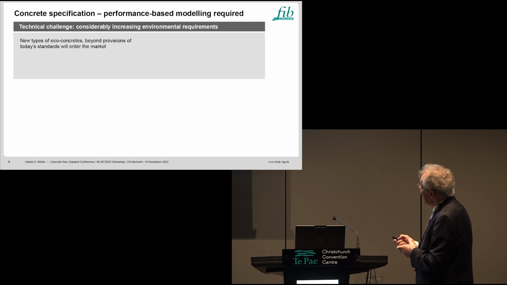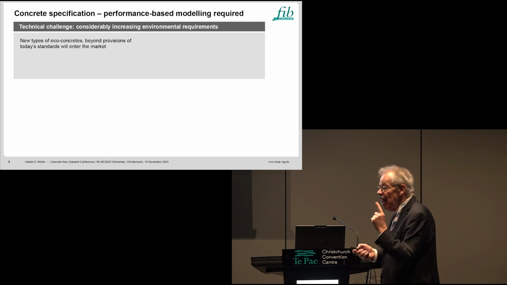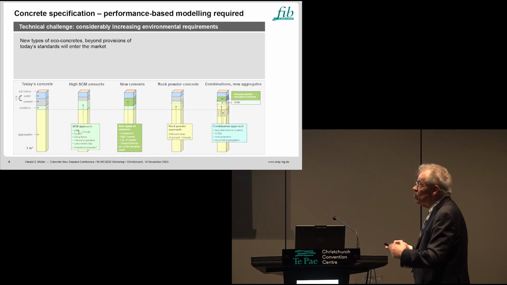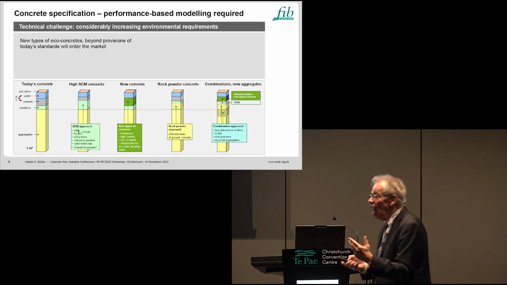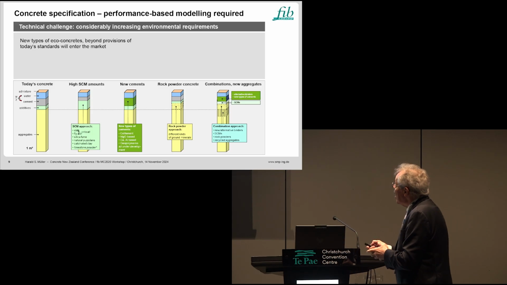We have the big challenge that we have considerably increasing environmental requirements. This means we have new types of eco-concrete beyond the provisions of today's standards, and they will enter the market. This is a problem we face, and we want to have a model code which is not outdated in one or two years.